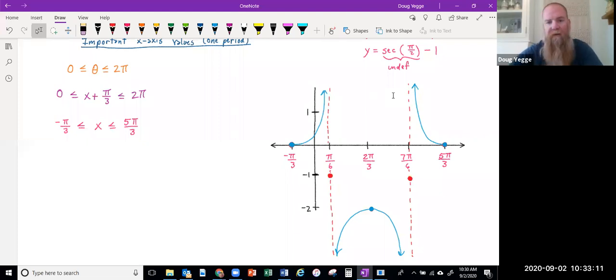So to take it one step further, let's assume that we have a secant graph. Now, typically we would not have these points because those points are not actually on the asymptotes, but those points were just there to help us to recognize that they were in fact the new quote unquote zeros of our cosine function that was shifted.